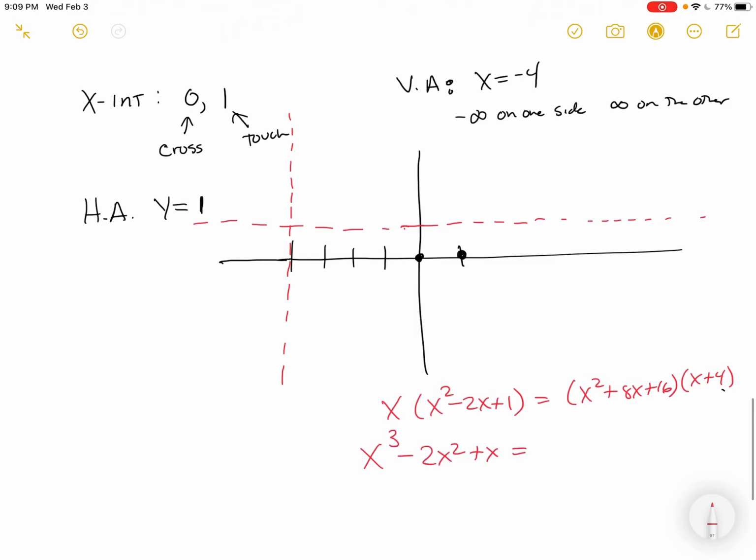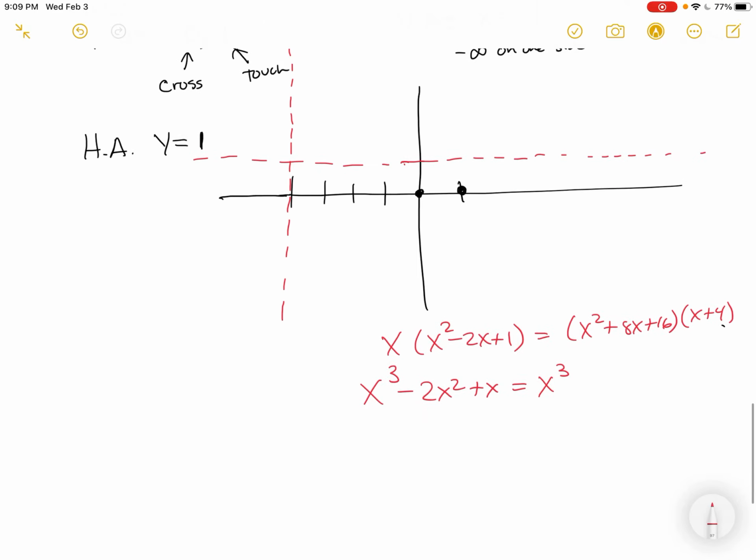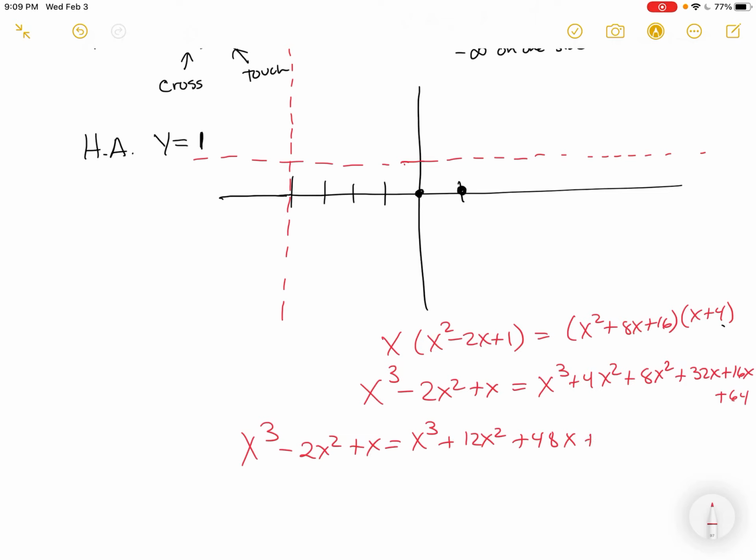Is that ever equal to x cubed plus 4x squared plus 8x squared plus 32x plus 16x plus 64? So does x cubed minus 2x squared plus x ever equal x cubed plus 12x squared plus 48x plus 64?